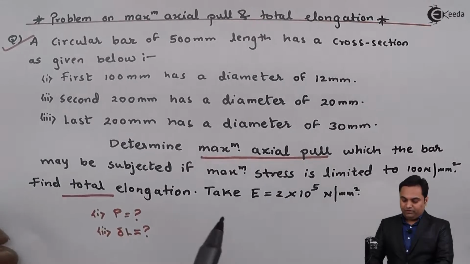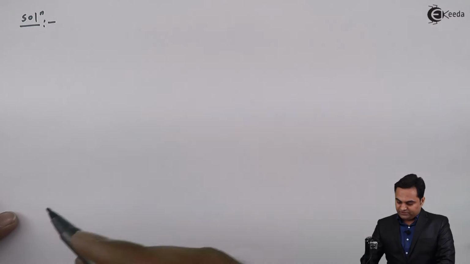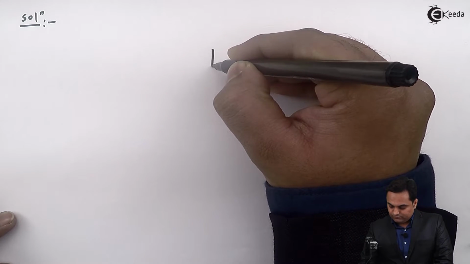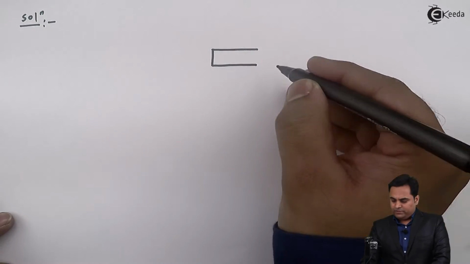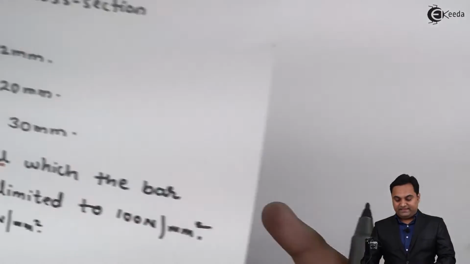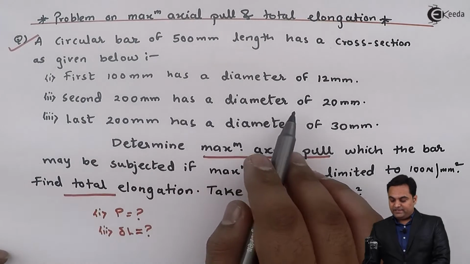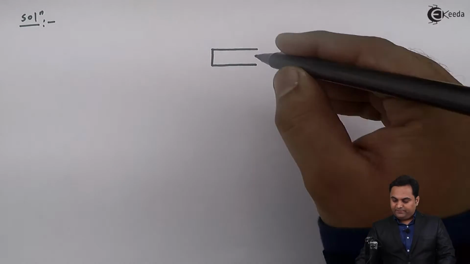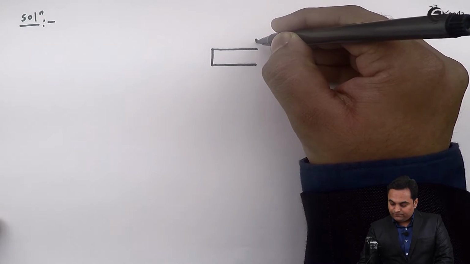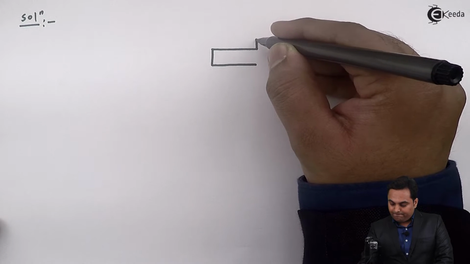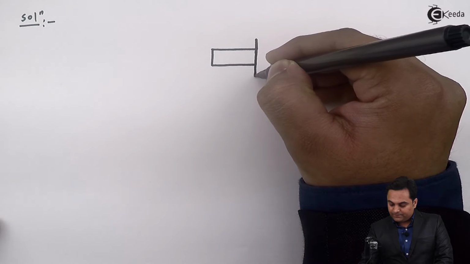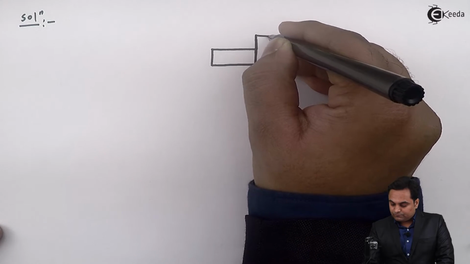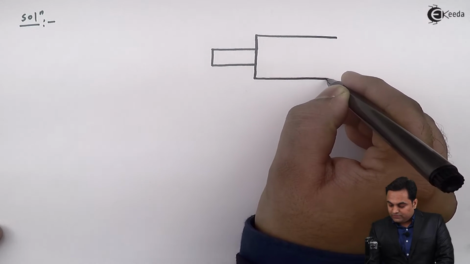So here first 100 mm has a diameter of 12 mm. So I would be drawing the stepped bar. This is the first 100 mm having diameter of 12 mm. Next, second 200 mm has a diameter of 20 mm. So diameter increases from 12 to 20 mm for the second part of this stepped bar, and even the length is more here.